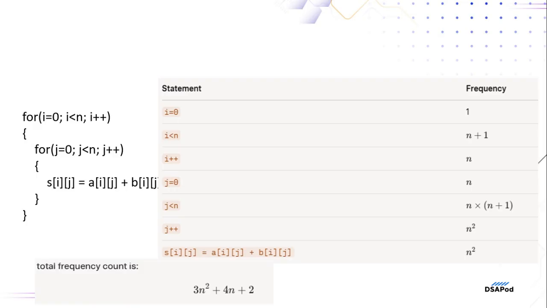Think of it less like reading a list and more like filling out a giant grid or a spreadsheet. Okay. If your spreadsheet is n rows by n columns, to touch every single cell, you have to perform n times n operations. In this matrix addition example, the little operation inside the core is element by element addition, which is O(1). But because that tiny step is encased in this n by n structure, the total operation count is n squared.